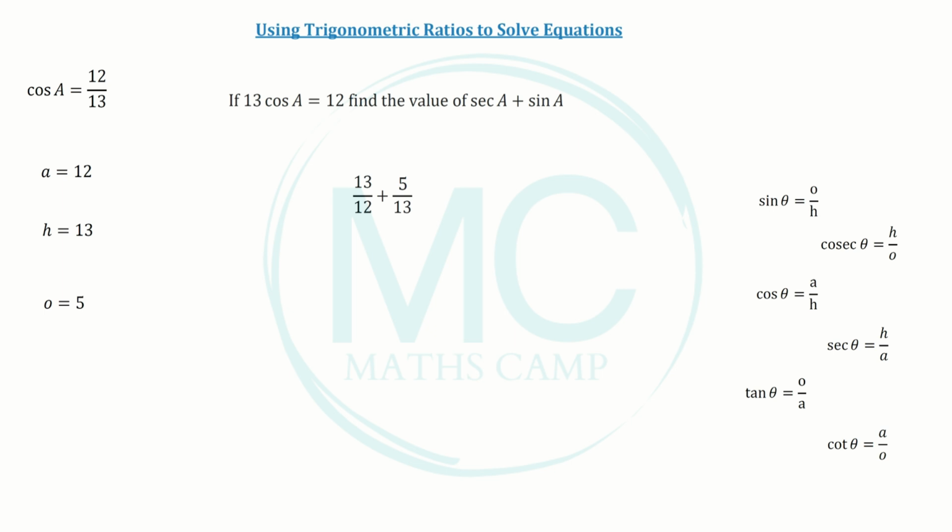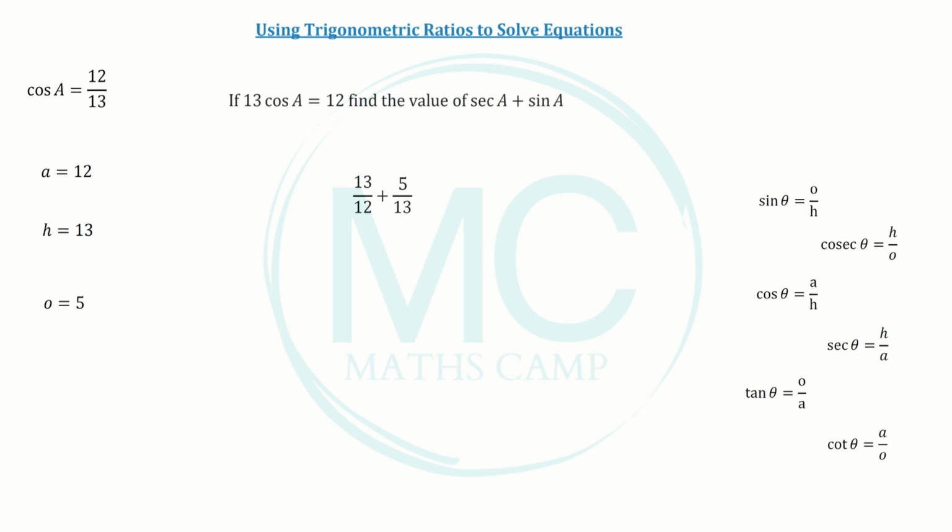Now, in this case, the denominators of these fractions are not the same, so we need to find a common denominator. The lowest common multiple of 12 and 13 is 156, and we get to this value by multiplying 12 and 13 together.